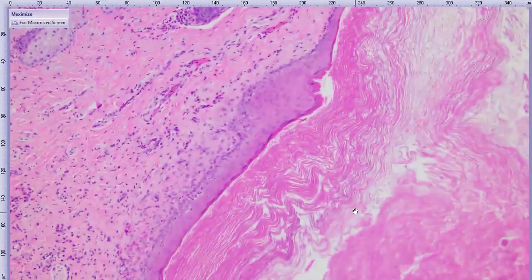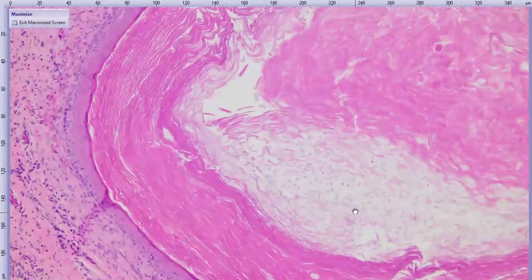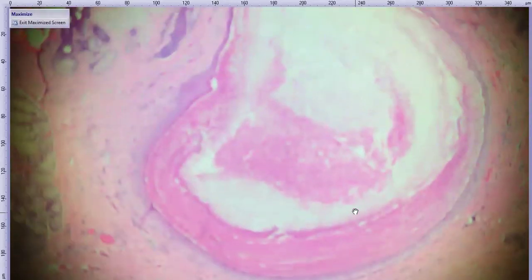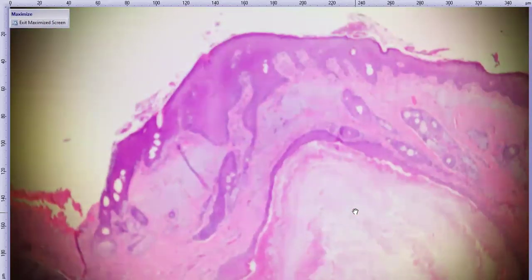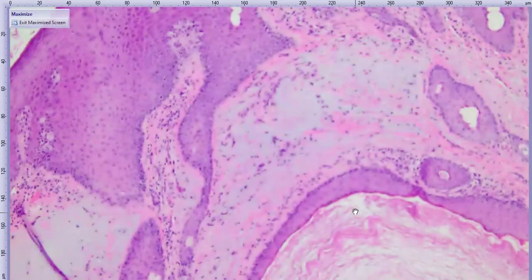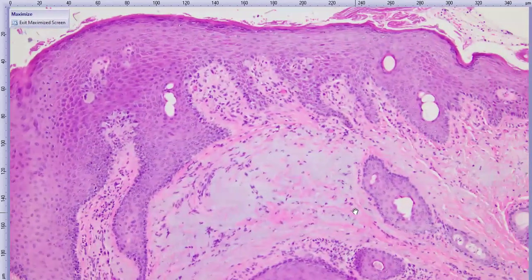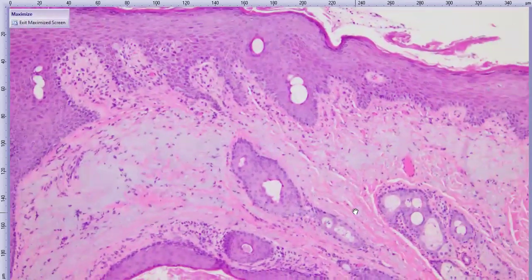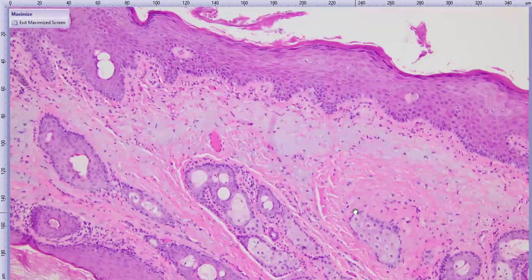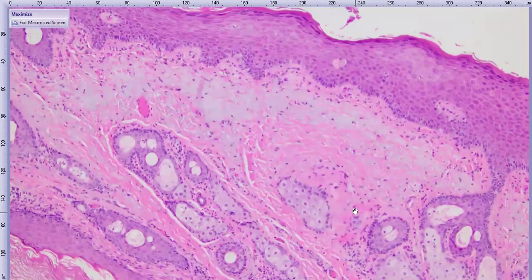So this is just a benign follicular cyst. No evidence of tumor here, but as with our other samples, we've got pretty severe solar elastosis here in the dermis. So definitely a predisposing factor at this site.